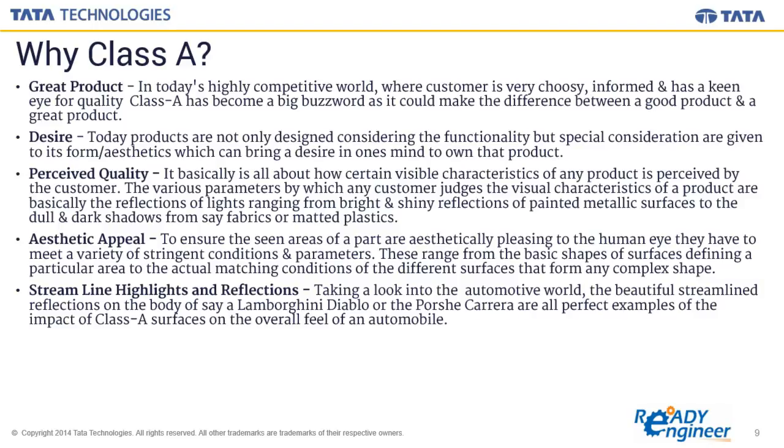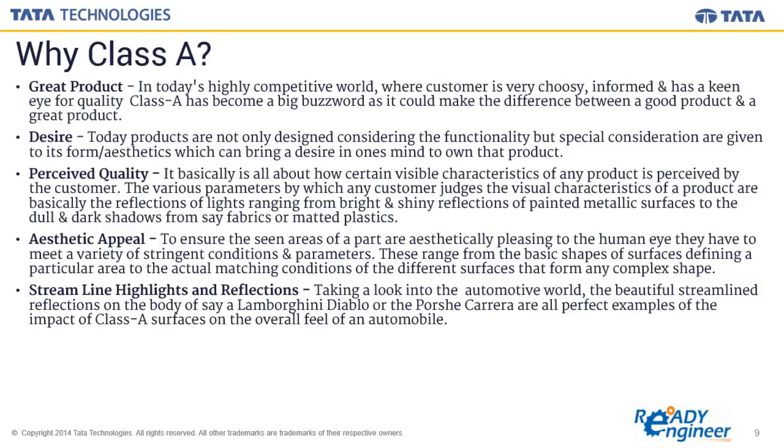Class A surfaces, or a good quality surface or a good form, create something we call desire. The moment you look at it, you feel, oh, this is good, let's buy it. Let's take the example of high-end cars like Mercedes, BMW, and Lamborghini. The moment you look at it, you have a desire to own that car. You may or may not buy it, but you have that desire.